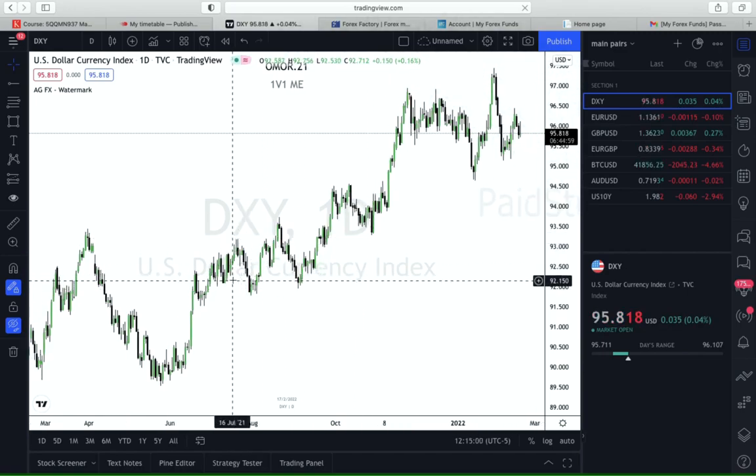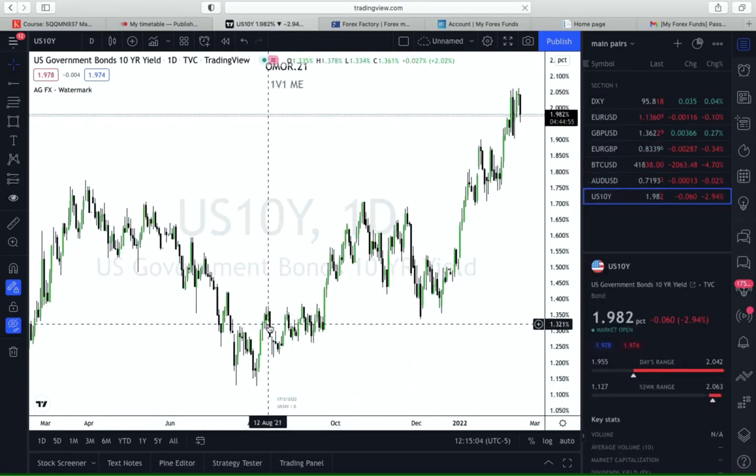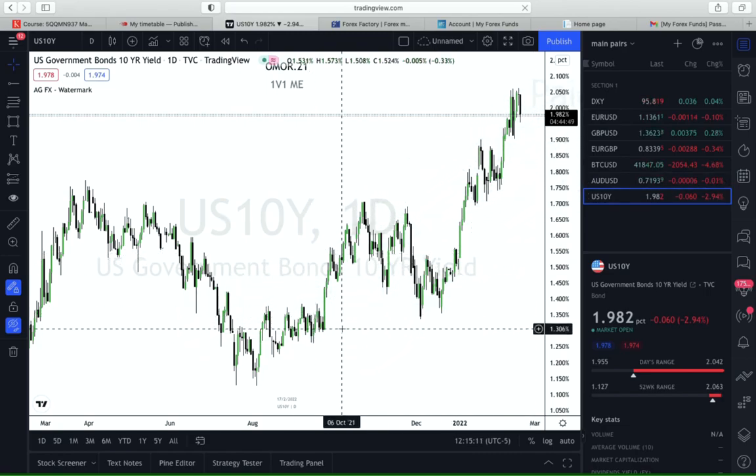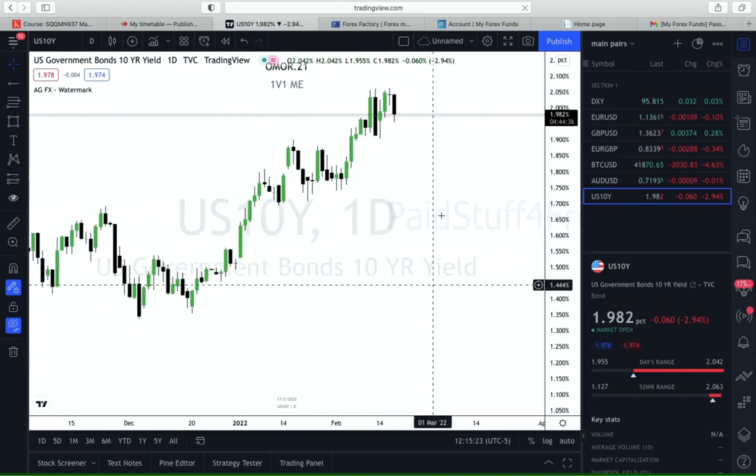It's range bound, yeah? And on the 10-year, it's range bound. The range bounds, obviously, this is more tight than the DXY. The DXY and the US 10-year, overall, they move in the same way, but it's not tit for tat, right? It doesn't move in the same velocity downwards and the same velocity upwards.